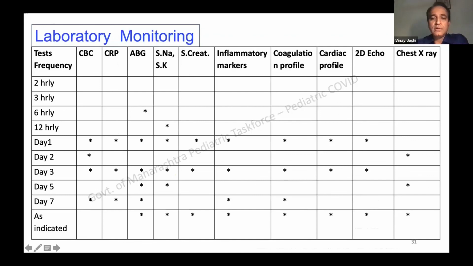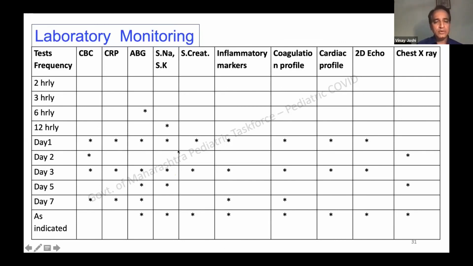So these children require repeat cardiac evaluation in the form of cardiac markers and 2D echo on day 1, day 3, day 7 if possible, or as indicated, and of course before discharge. If the child is on a ventilator, these children require chest X-ray periodically, definitely on day 1 and day 2, and subsequently as indicated. So this is a summary of laboratory monitoring.